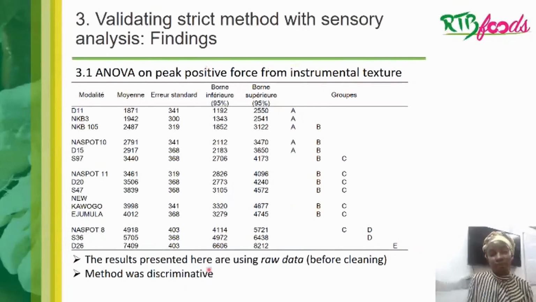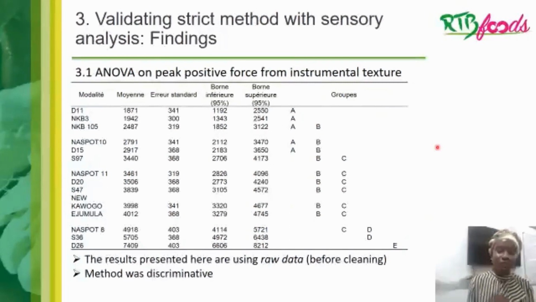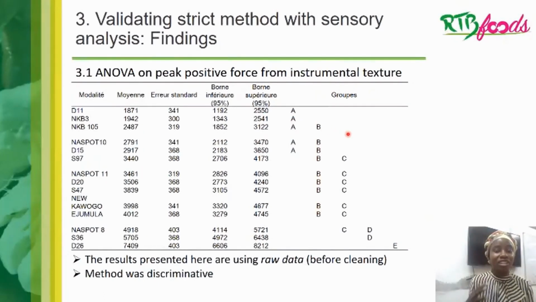And the data presented here is really important because here we used raw data. So before any form of cleaning, you can already distinguish and identify discrete groupings of the different varieties, which demonstrates just how discriminative this method is.